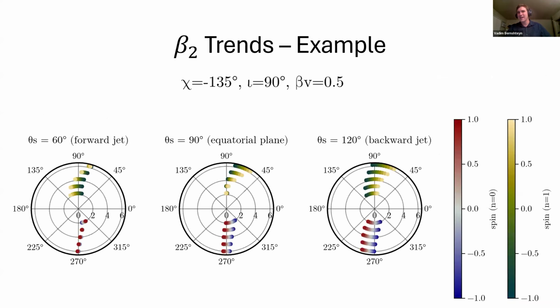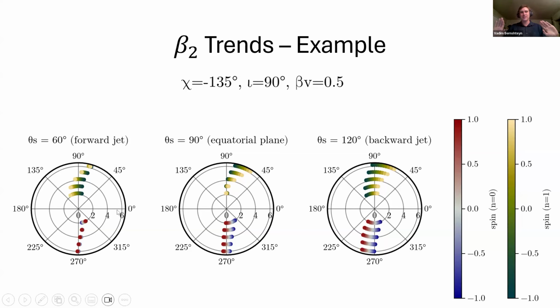But now, as we have this visual, we can plot how the situation changes when we vary other parameters, such as the cone opening angle. So we can move from a forward jet to a backward jet, and this is how the situation changes. Note that for n equals 0, everything is pretty much as expected.